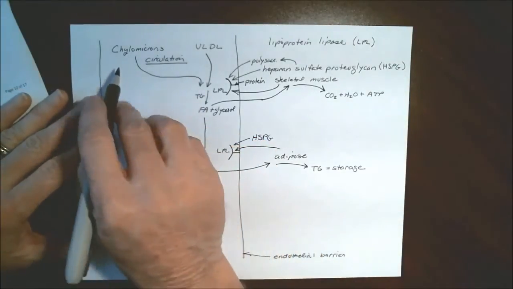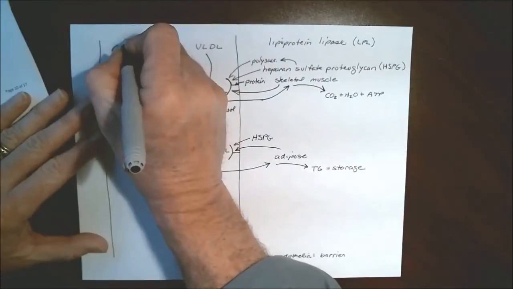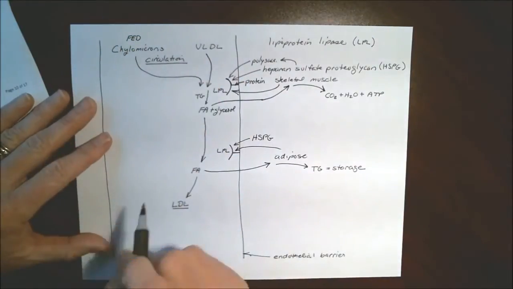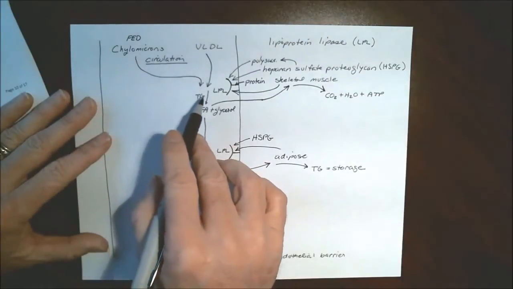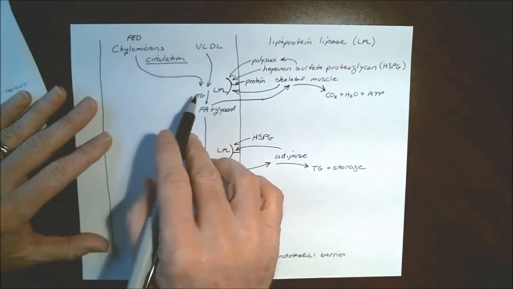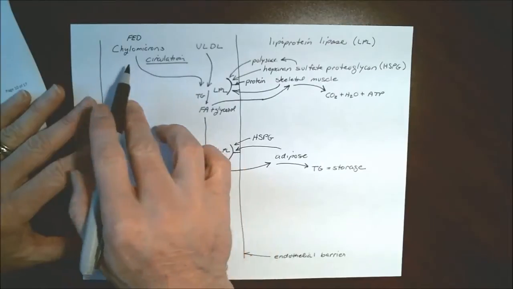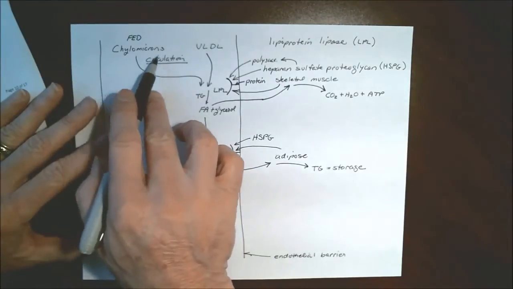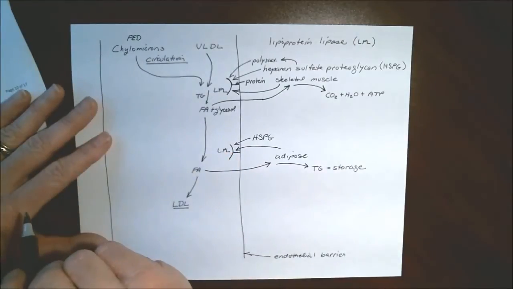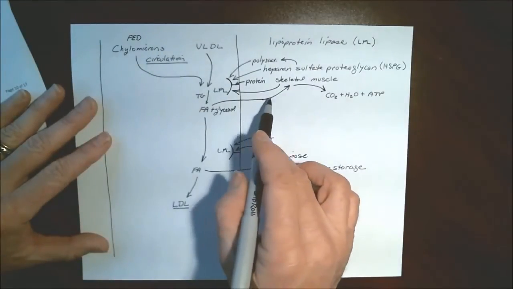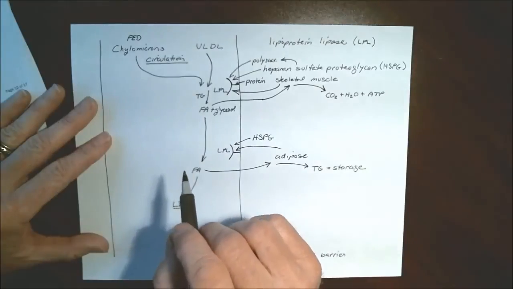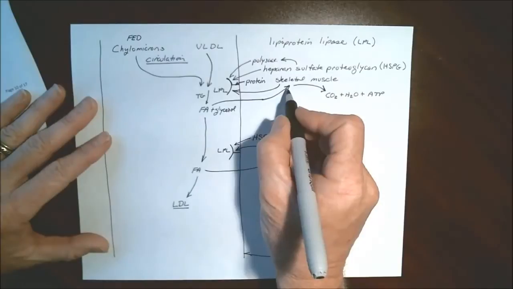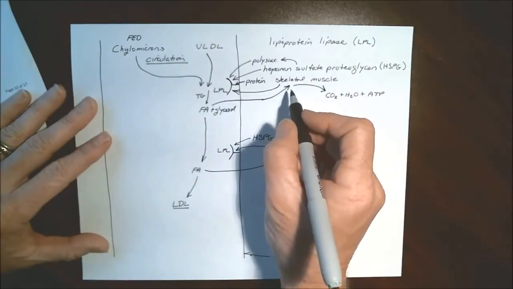Now let's go back to the chylomicrons. This, of course, occurs in a fed state. Chylomicrons undergo the same hydrolytic activity by the lipase enzyme. The lipase is removing fatty acids from the triglyceride stores in the chylomicron. These fatty acids could potentially go to skeletal muscle, but remember this is the fed state. So is this a prime energy source for skeletal muscle in the fed state?